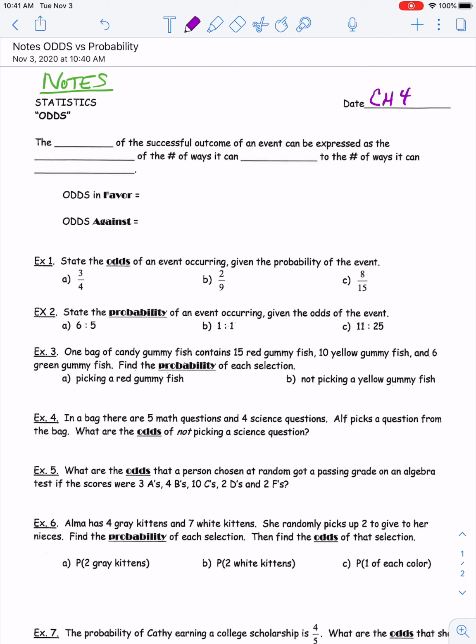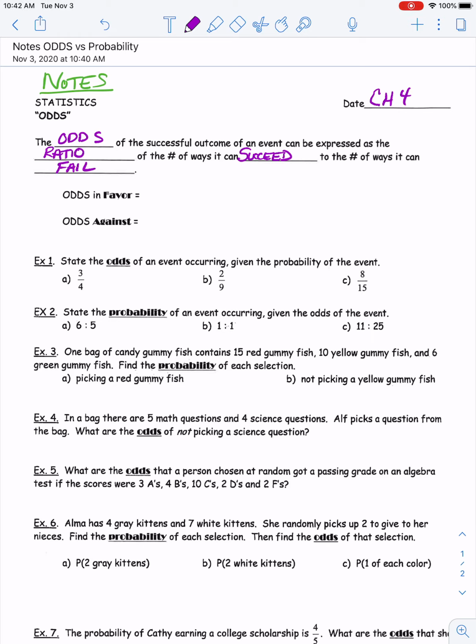To begin with, the odds of the successful outcome of an event can be expressed as the ratio of the number of ways it can succeed to the number of ways it can fail.